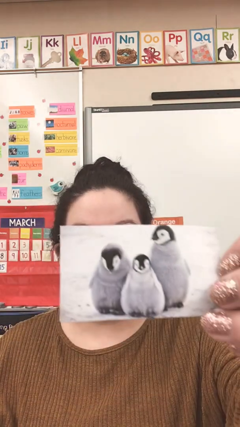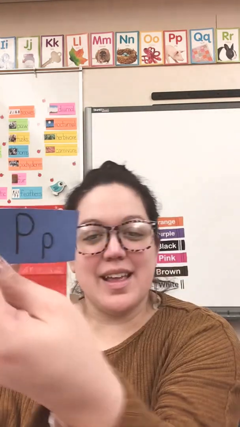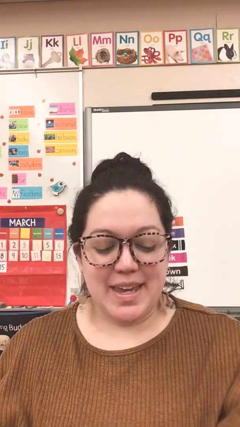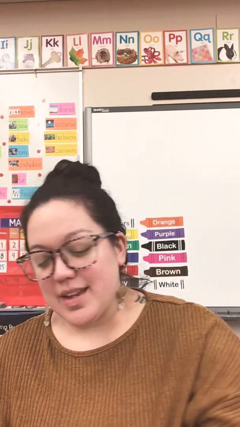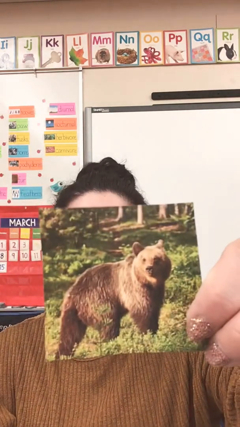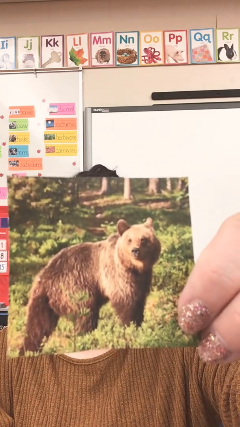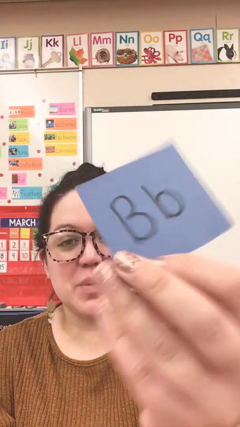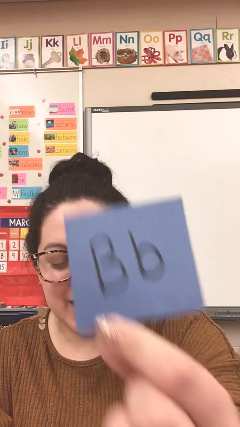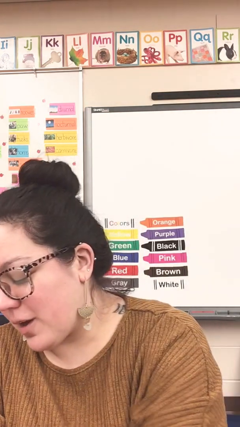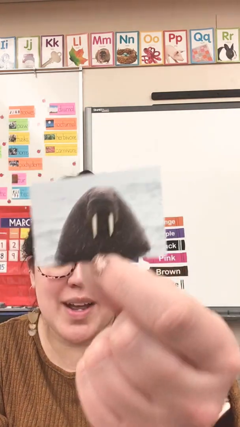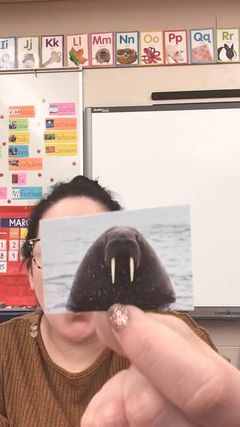Then we had some penguins, and they start with the letter P. Next we had who's this? A bear, and he starts with the letter B. B for bear. This is one of those new ones that you might not have known.